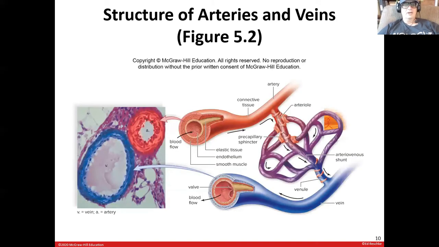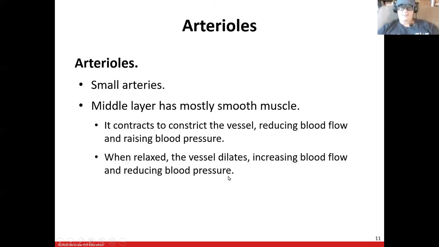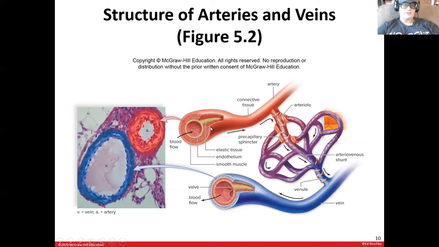All right, so here we've got our endothelium, myothelium, and what they're calling the outer connective tissue layer. But if you look at this, look at the difference in the artery and the vein.